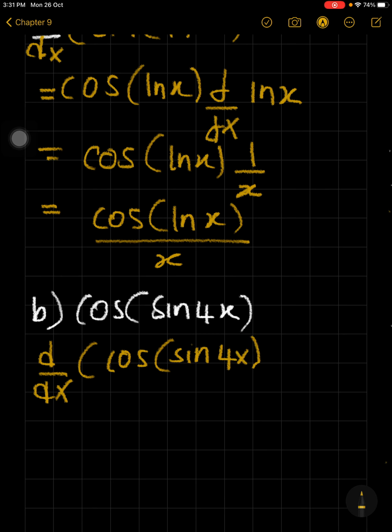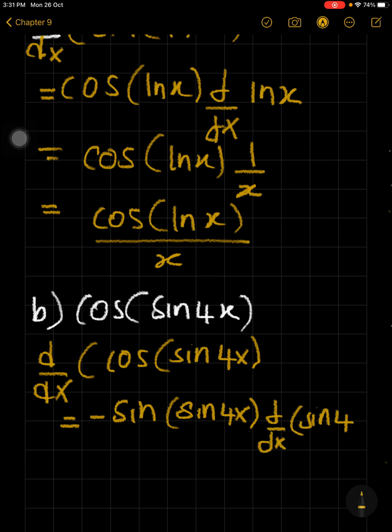Okay, so bila kita differentiate cos tu, we get negative sin. Okay, this is dia punya tu lah kan, of what? Sin 4x, yang ni you tulis dulu mula-mula. You tulis dulu, and then you have to differentiate d/dx sin 4x.